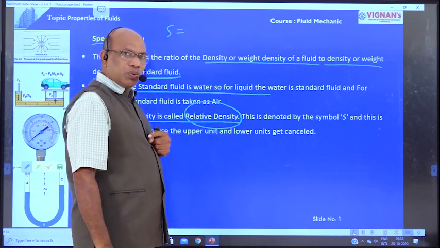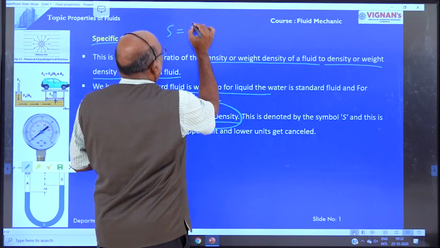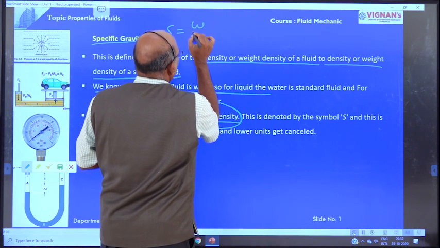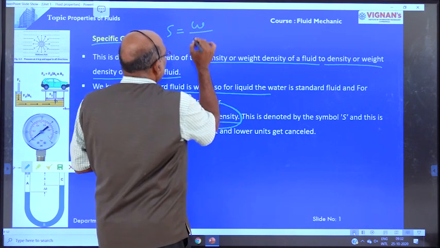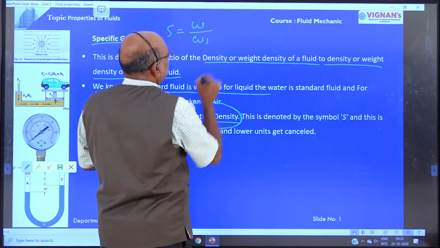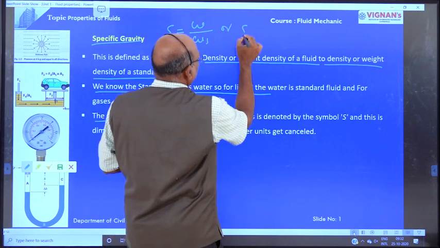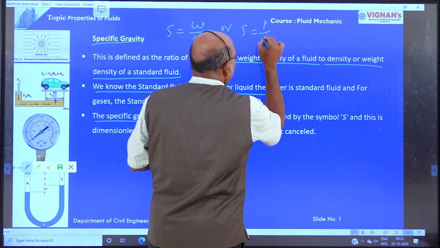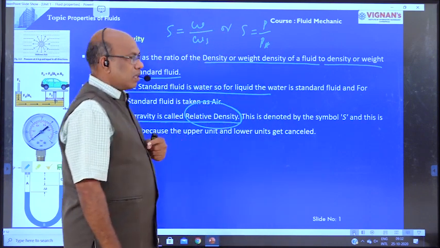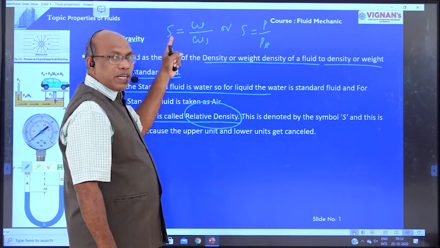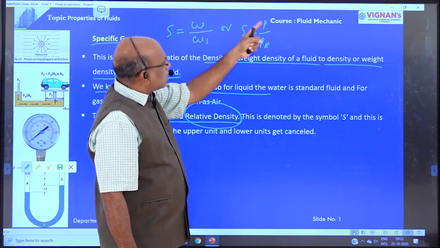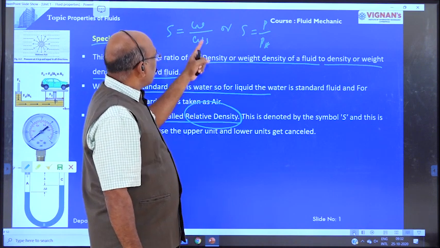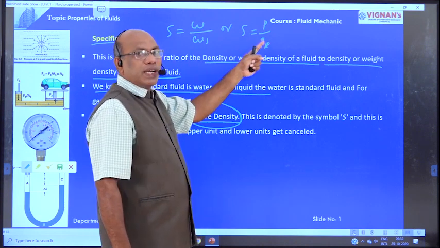Specific gravity equal to weight density to the weight density of standard liquid, or specific gravity is equal to mass density to the mass density of standard liquid. Specific gravity is defined as the weight density or density of the flowing liquid or of the fluid to the weight density or density of the standard liquid.